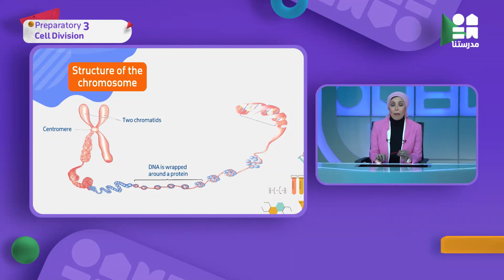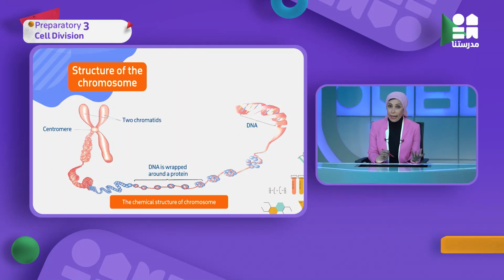DNA is the chemical structure of the chromosome. So now the chromosome has a normal structure, which is two chromatids connected with the centromere. But what about the chemicals, the contents inside it? DNA plus protein, wrapped with protein. DNA and protein is the chemical structure, chromatids and centromere is the structure of the chromosome.